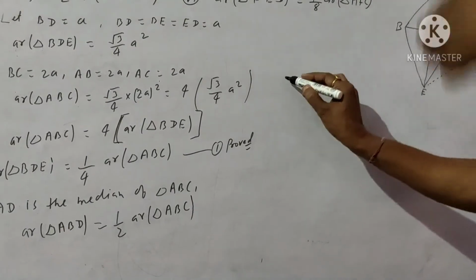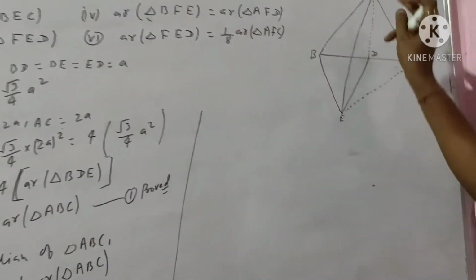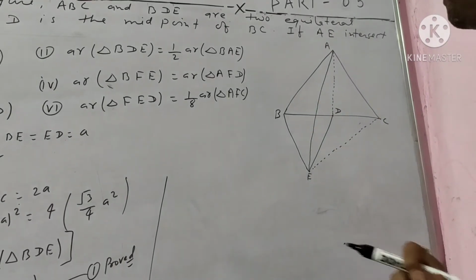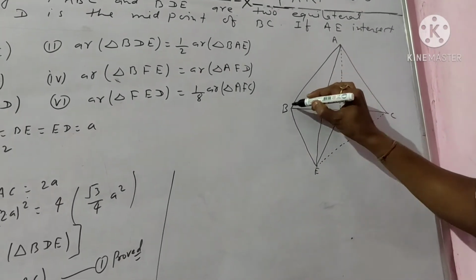Okay student, so this is your result: area of triangle ABD is equal to 1 by 2 area of triangle ABC.